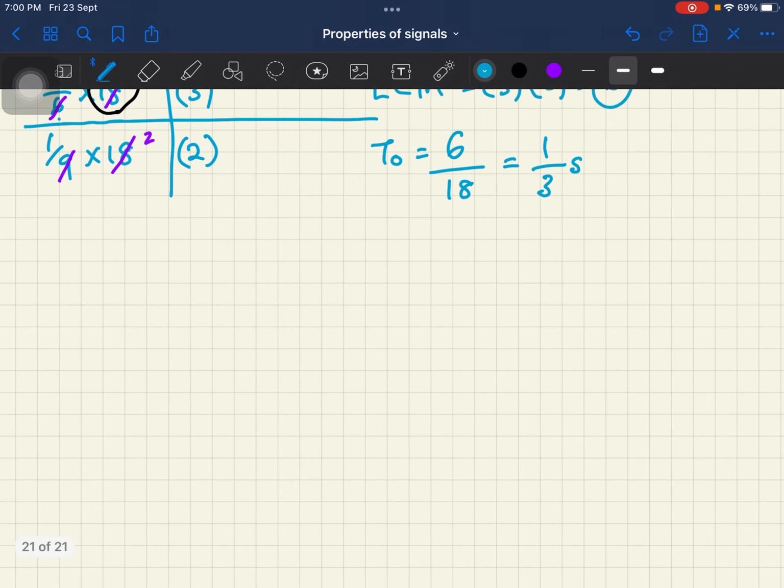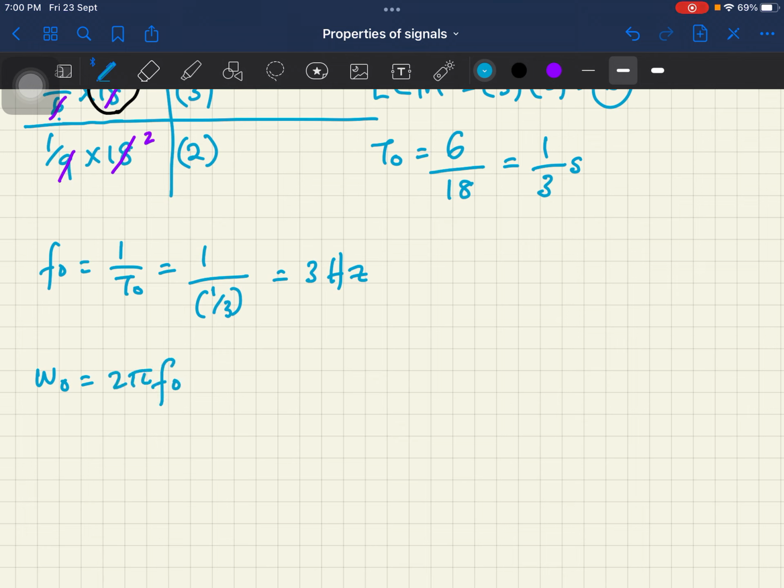Now that we have T naught, we can calculate f naught, which equals 1 over T naught. In this case it is 1 over 1/3, so it becomes 3 hertz. Then omega naught equals 2 pi f naught, so 2 times pi times 3 is 6 pi radian per second.